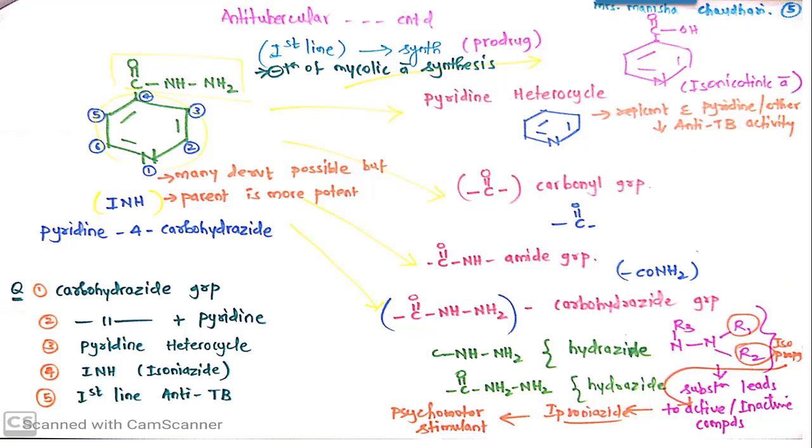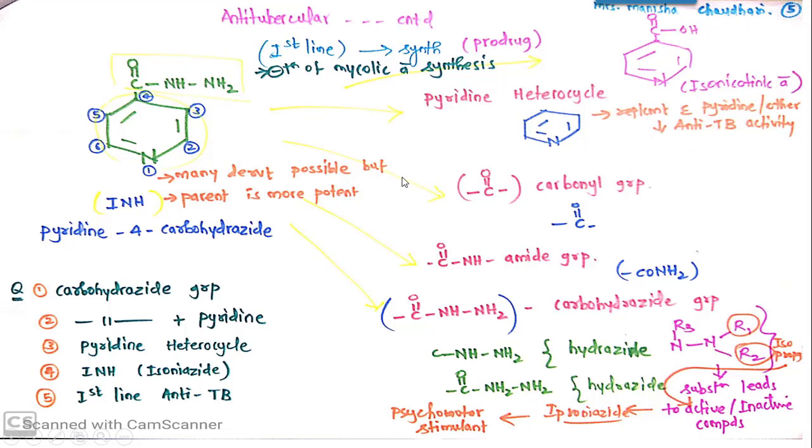They may ask only the abbreviated form, that is INH, or isoniazide, or ask you to draw the structure of any first line antitubercular drug. This is the very famous first line drug for the treatment of tuberculosis. This is INH.